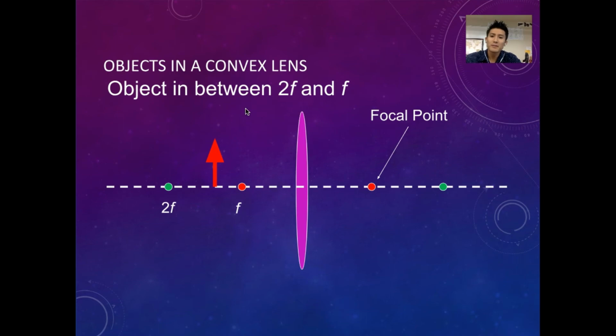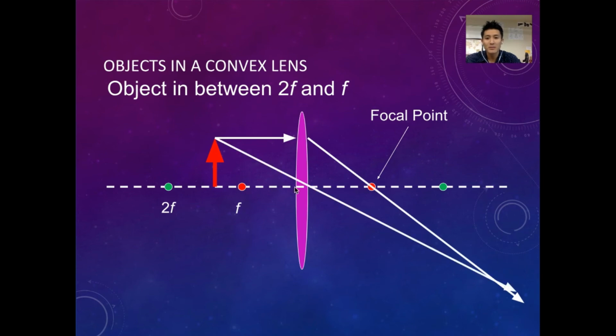When we have an object between 2 times the focal point, which is not the center of curvature anymore because this is not a curve, and the near focal point, we do the same thing. It goes through parallel and then through the focal point, and we have one going through the center. Notice if it's between these two points, our image is going to be real and enlarged. Still upside down, but enlarged, which is going to become important in just a few minutes.